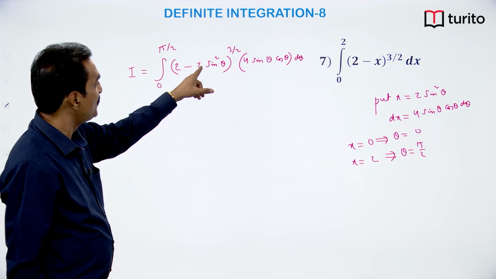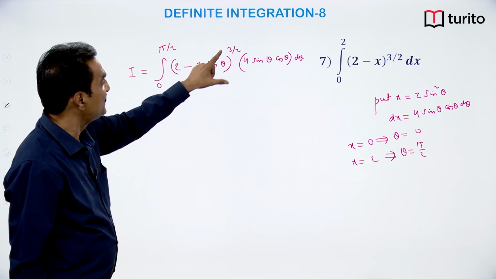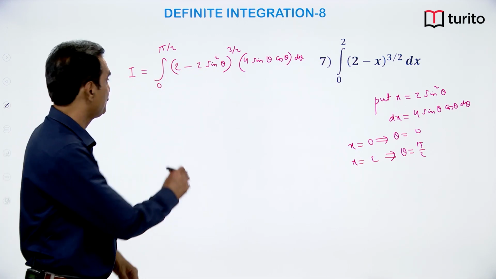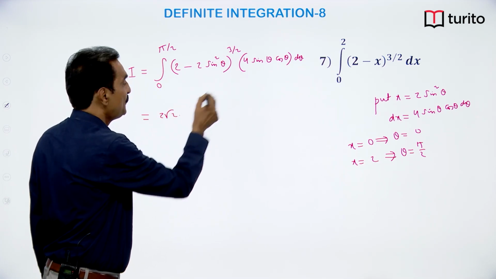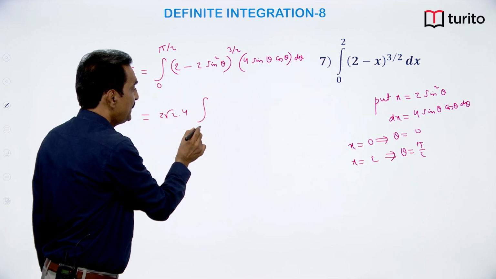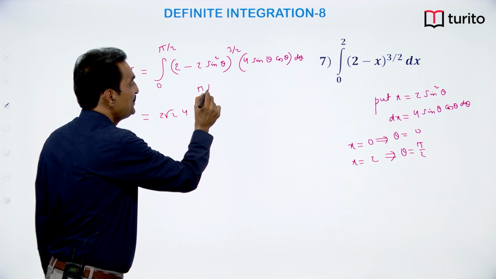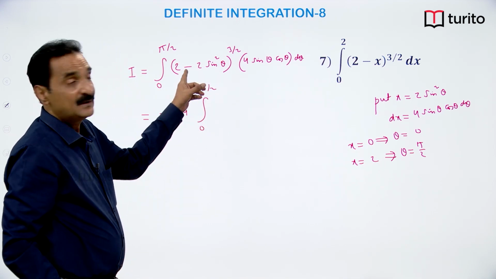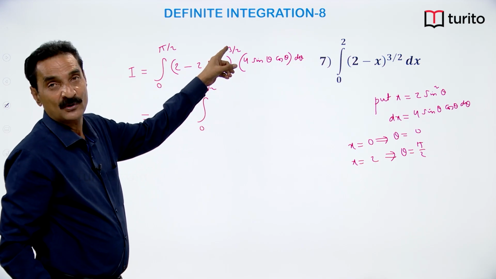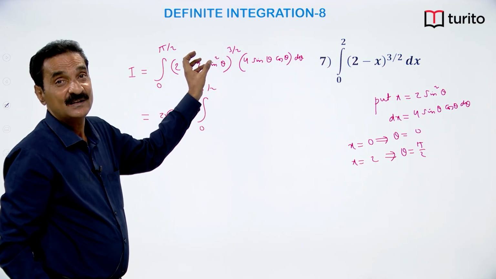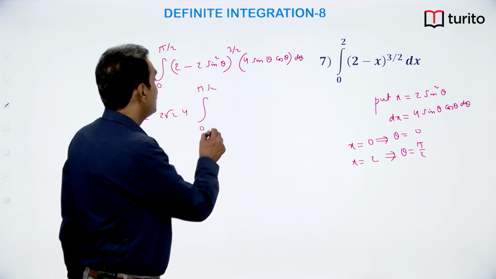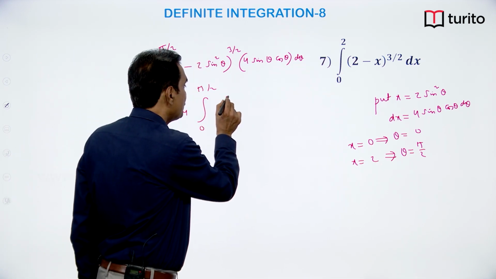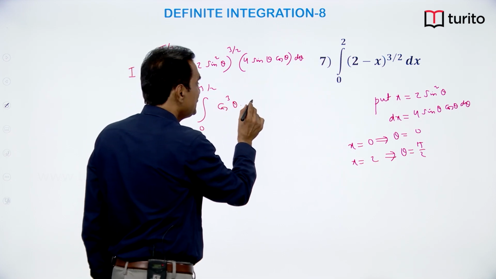Now simplify it. Here you have 2 common. 2 power 3 by 2 means 2 root 2. I will write it outside. 2 root 2 into 4, integral 0 to pi by 2, (1 minus sin square theta) whole power 3 by 2. 1 minus sin square theta is cos square theta. Cos square theta whole power 3 by 2 means cos cube theta into sin theta cos theta.